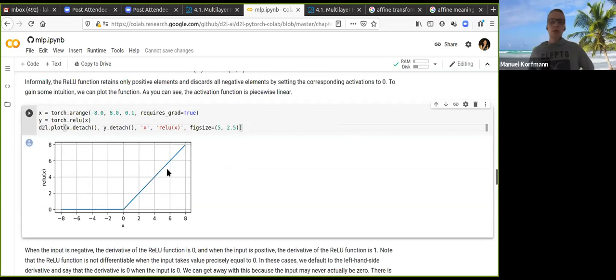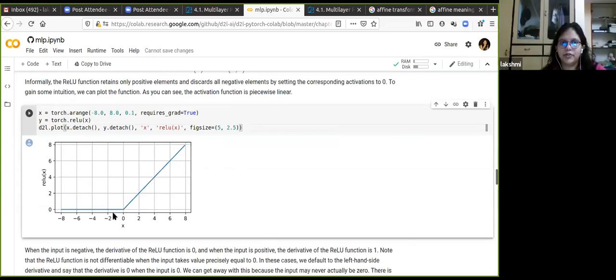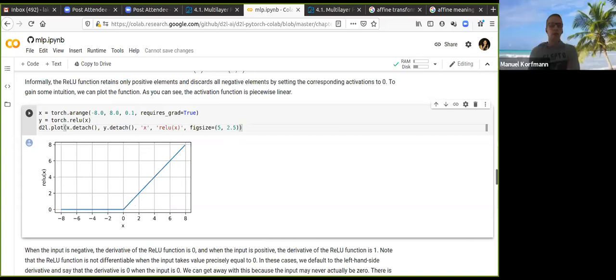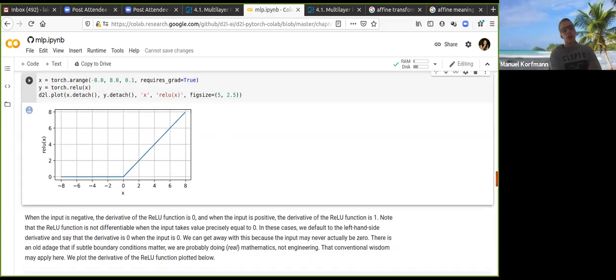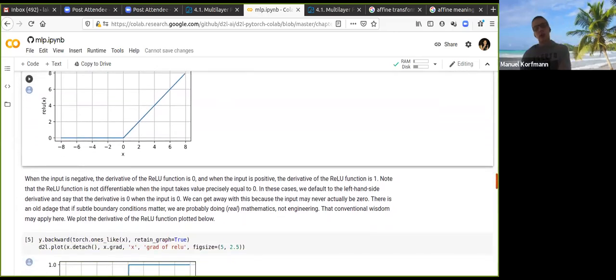Like for an input of 4, 4 will be the answer. At this point the answer will always be 2, at this point the answer will always be 1, like that. So it's basically dropping negative numbers.